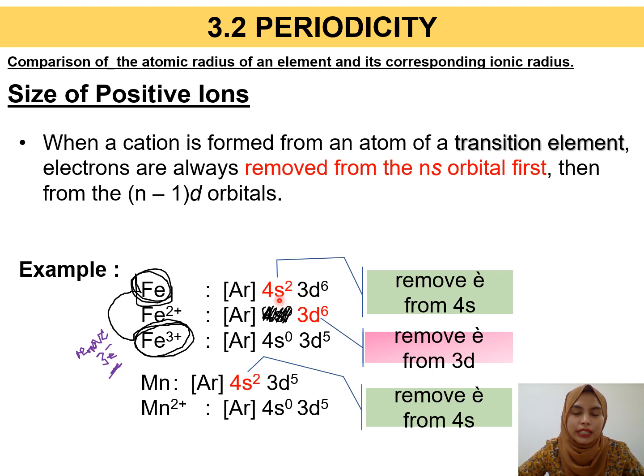So in this case, remove 2 electrons from 4s, that's not enough, so borrow 1 from 3d. That's why you will get 4s0 3d5. The 4s is gone, so there's no need to write 4s0.